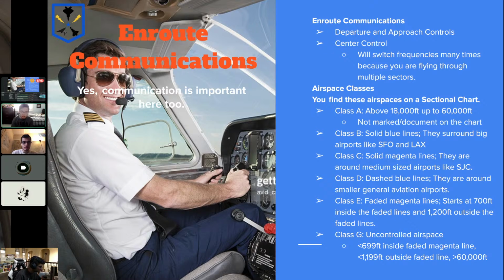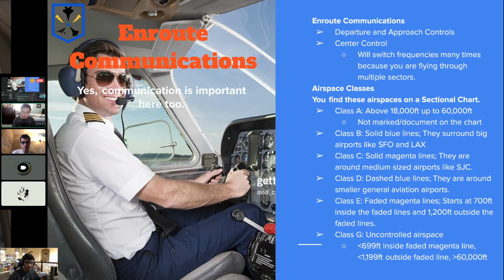If you don't want that watch, you get to switch to your own frequency and you have to self-announce on a frequency that's unmonitored. But if you do want someone to follow you, you will switch to a specific frequency and controllers will follow you. They will follow your tiny dot on their radar all the way from your departure airport to your arrival airport. And those are called approach and departure controls.